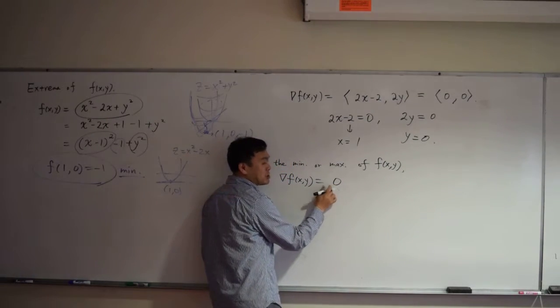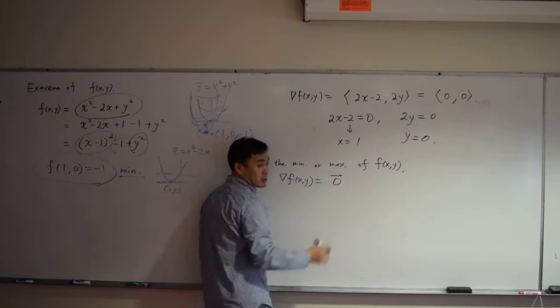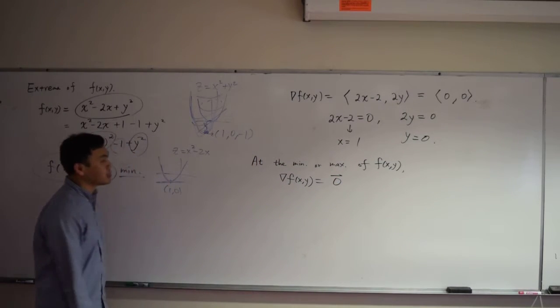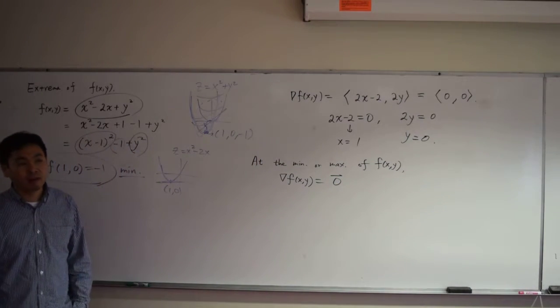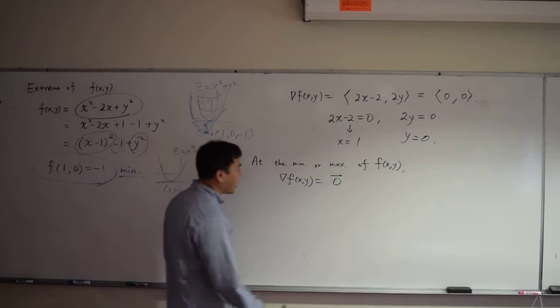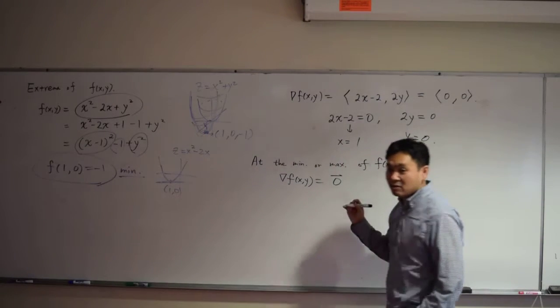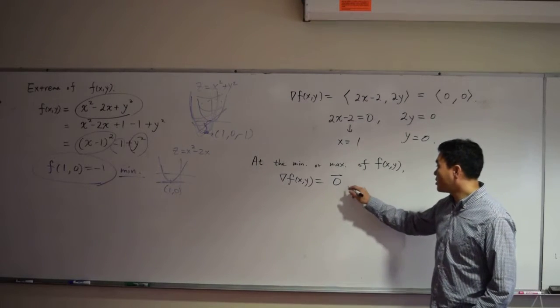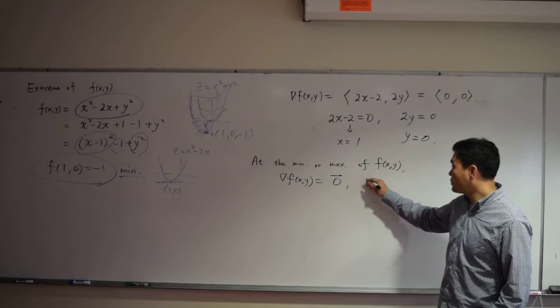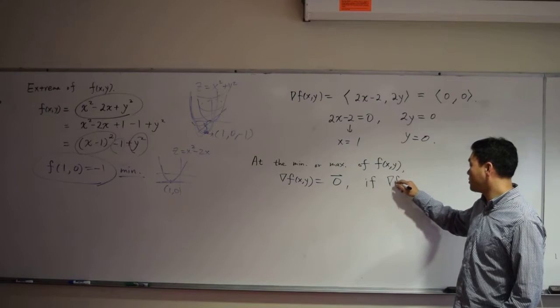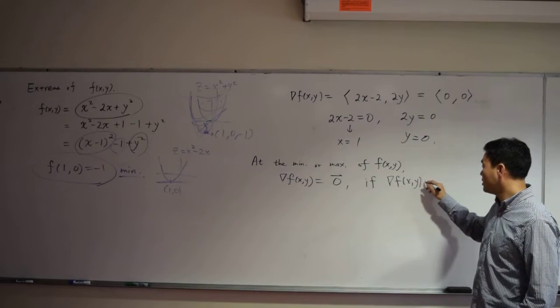Well, I really mean 0 as a vector, meaning 0 comma 0. Now, I have to write this statement with a condition. The condition is if the gradient of f(x,y) exists.